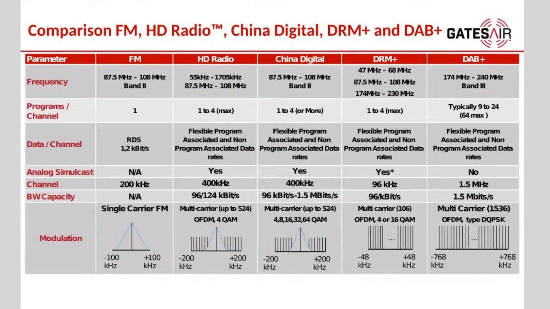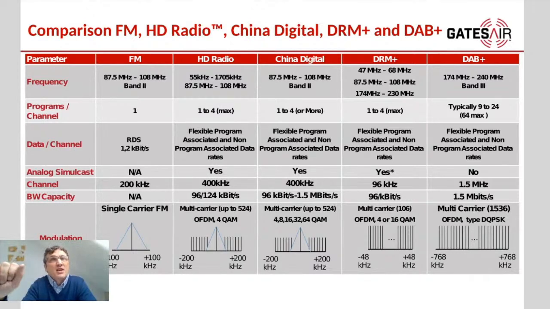If we take this bitrate into DAB, we can also talk about 64 services per multiplex. But as in my previous explanation, 19 or 20 services is an upper limit.